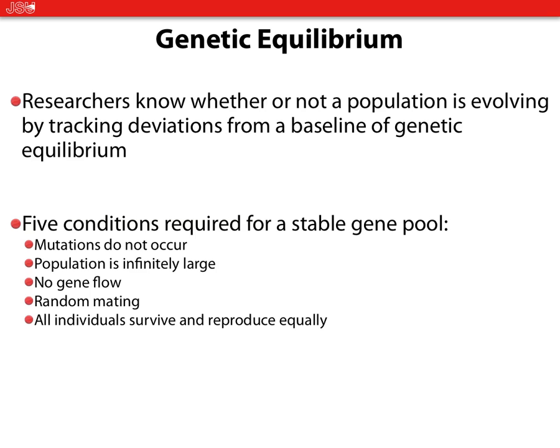So the first thing is mutations do not occur, right? But we've said, yes, mutations do occur. Sometimes they can be induced by chemicals, sometimes they can just happen during DNA replication, but we know that mutations do occur. Populations are infinitely large, but there's no such thing as infinite, right?